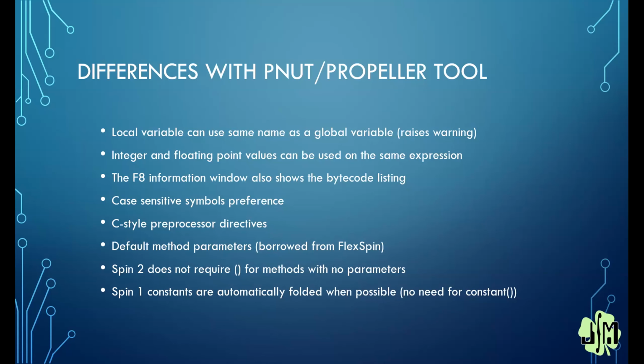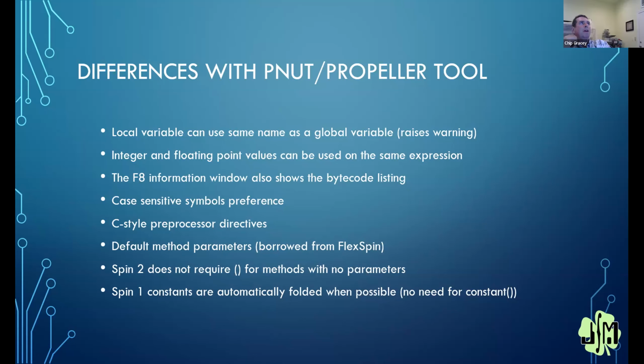I like that because, especially with my style, I make everything lowercase except my defined constants. So it can sometimes be tricky to tell what's a variable versus what's a method call. And so I did ask Marco if he could add a strict feature where, if enabled, it would require empty parentheses on Spin2 methods that don't require parameters.